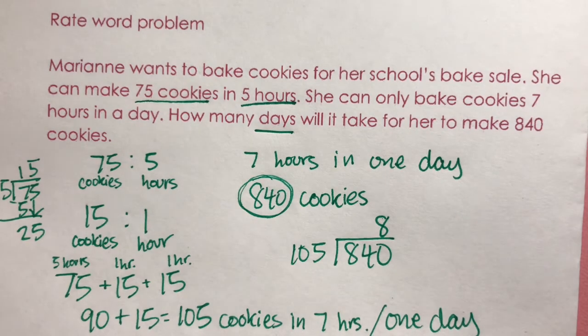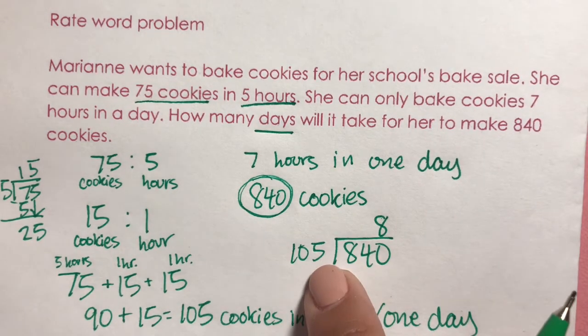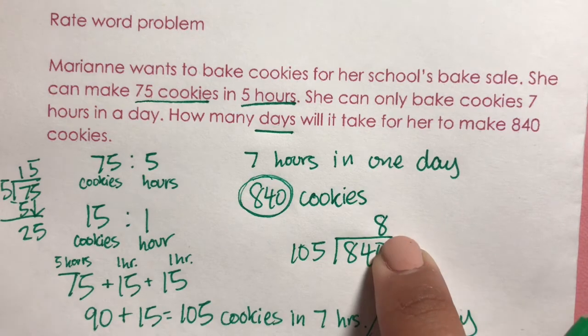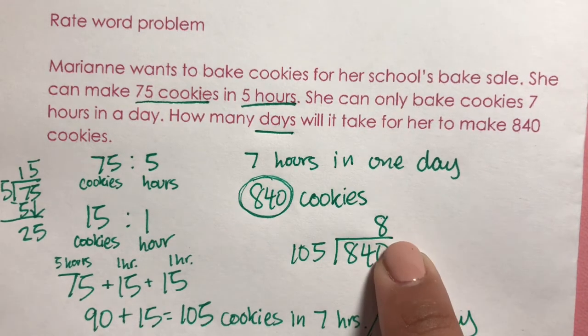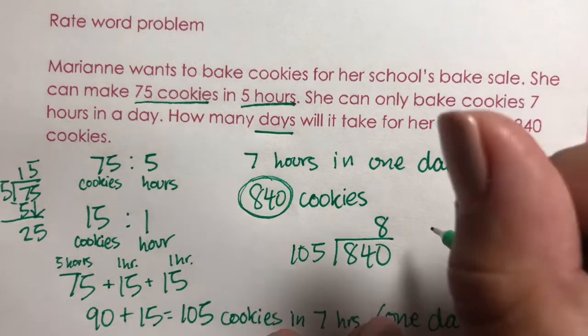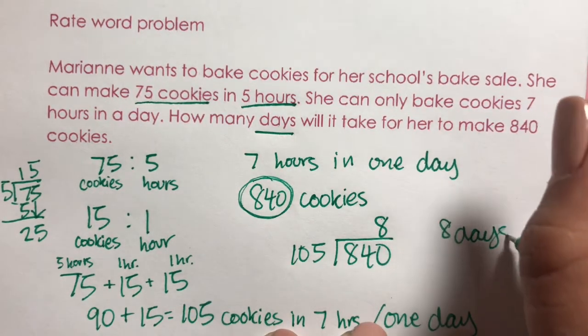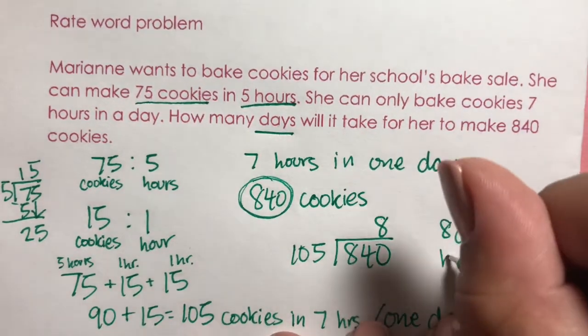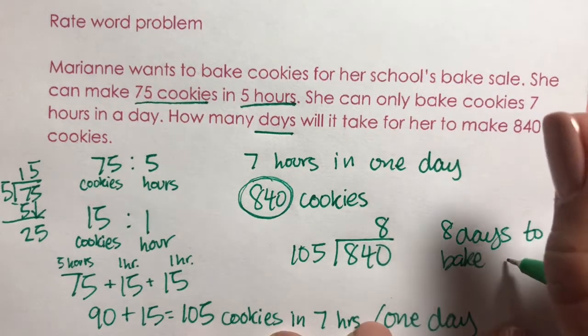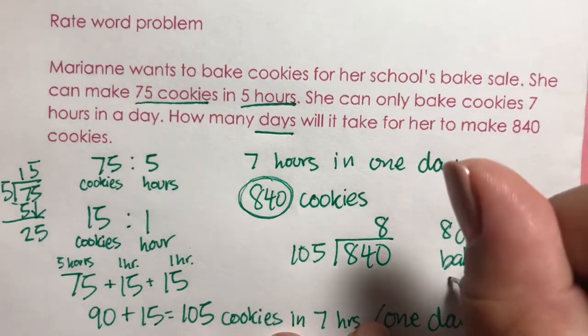That's why they provide the calculator for you. So 105 goes into 840 8 times. So now we know it's going to take her 8 days to bake 840 cookies.